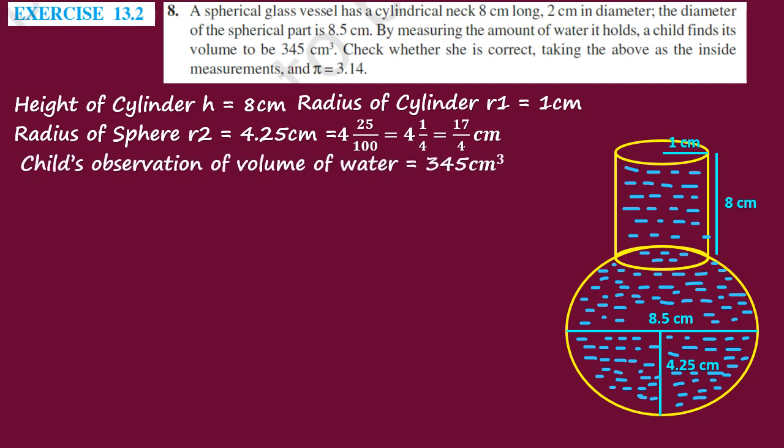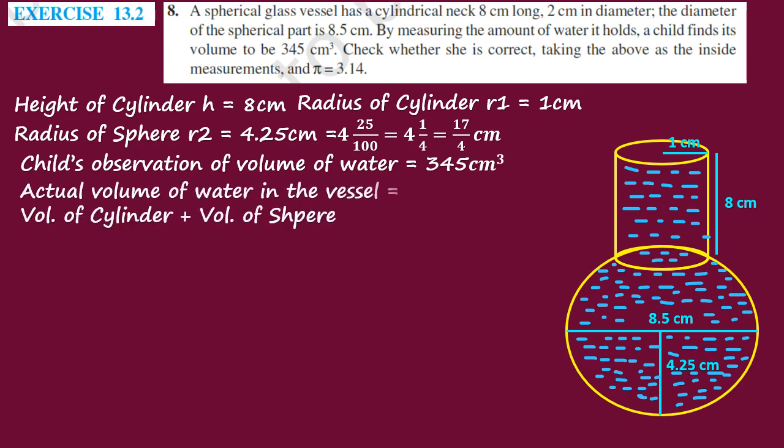Then the child's observation. What is the observation of the child? The water is 345 centimeter cube. Now we have to find the actual volume of water inside. So the actual volume of water in the vessel is the volume of cylinder plus the volume of sphere. So it is pi r1 square h plus 4 by 3 pi r2 cube.